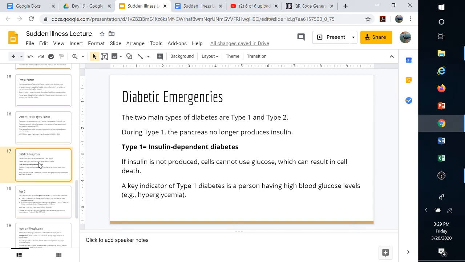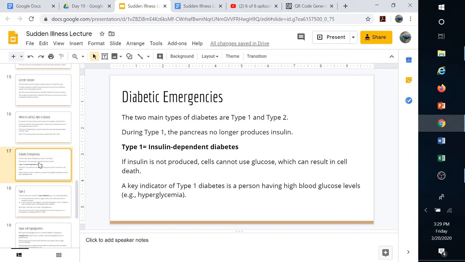If you look back, you can find some pretty bad photos from the turn of the century, before we knew the causes of diabetes. People were essentially starving to death. It didn't matter how much they ate, they couldn't get the glucose into the cells, so the cells couldn't get nourished, and therefore the cells were starving to death.